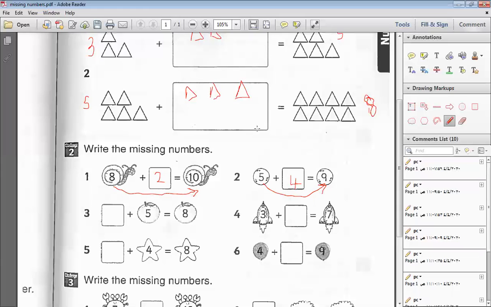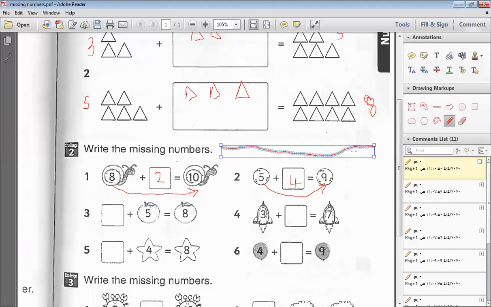Okay. I can also make it with the number line, right? It will be hard for me to do it here. I can do it by the number line, right?